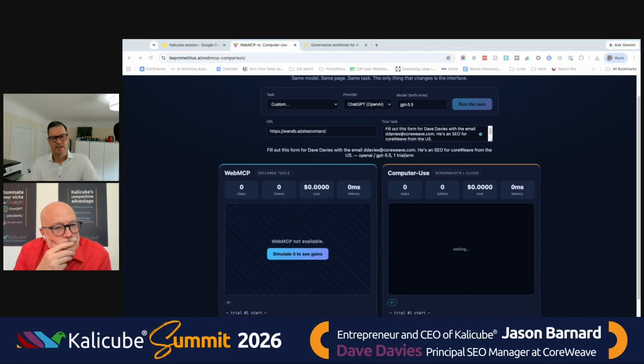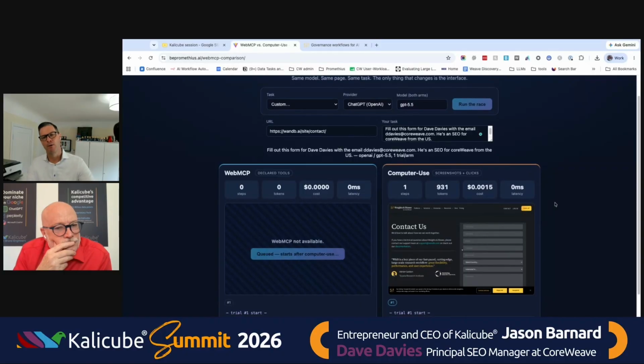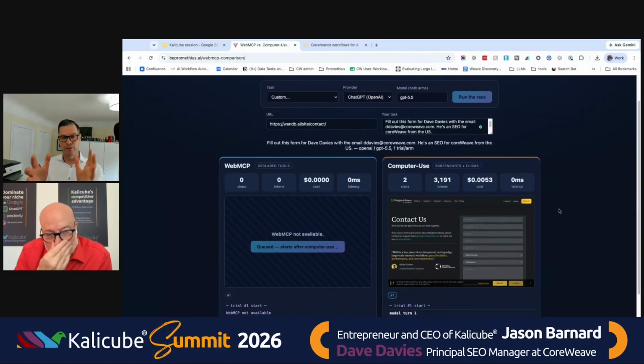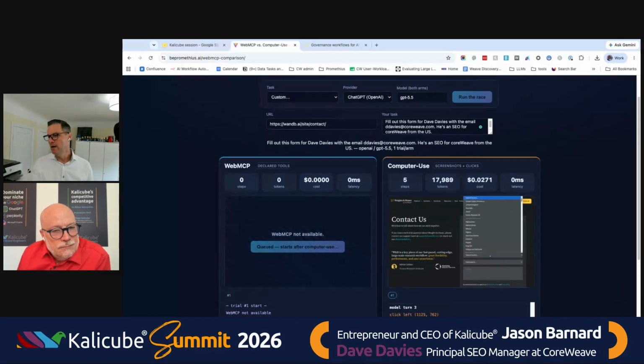It's funny because I ran it yesterday just to test it, and it just did run fine. But what basically it's doing on the right-hand side is filling out the contact form, and going, okay, if we had that Chrome browser, right? If it's having to actually just use computer use and just use its visual of what's going on the page, how does that work for it when it's just trying to figure its way around a page?